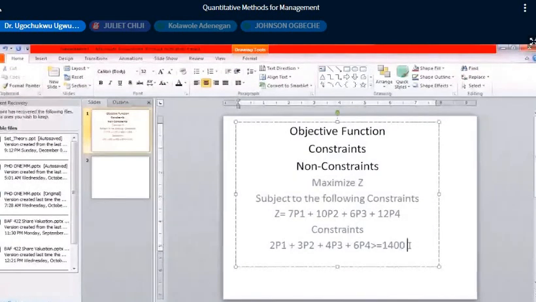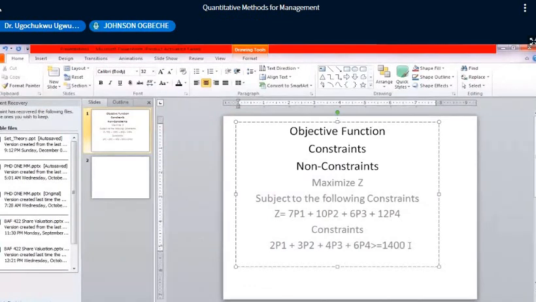So now, if you have these constraints, the issue with linear programming is that for this one, what we'll basically be doing is to teach you how to solve it using the graphical method. We have two approaches to it: the graphical method and the simplex method.